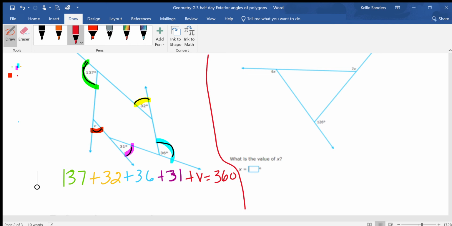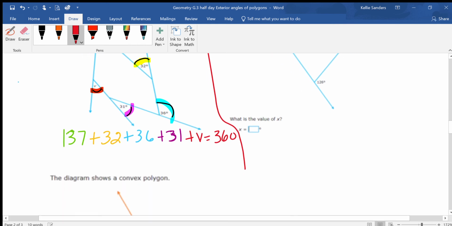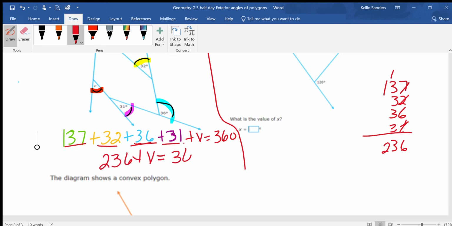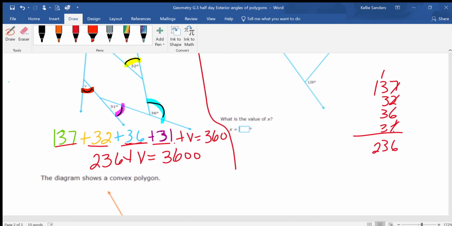So I need to get a little bit more room, so I need to scroll up. 137 plus 32 plus 36 plus 31. I'm either going to take the time to get the calculator or do it on my own. That's 10, that's 16, 12, 13, 236. And erase.